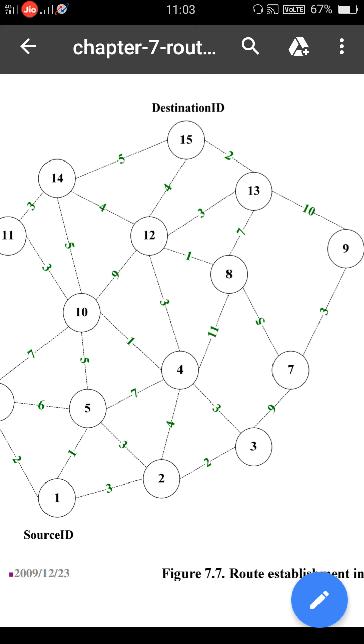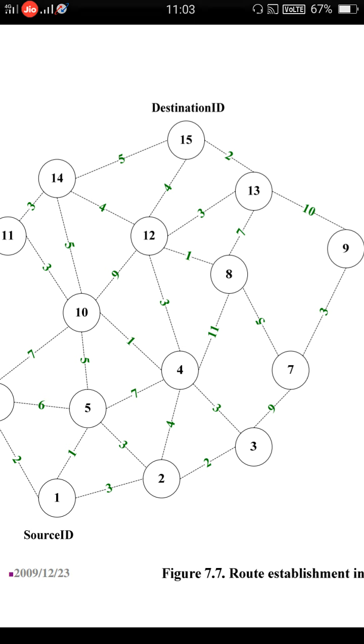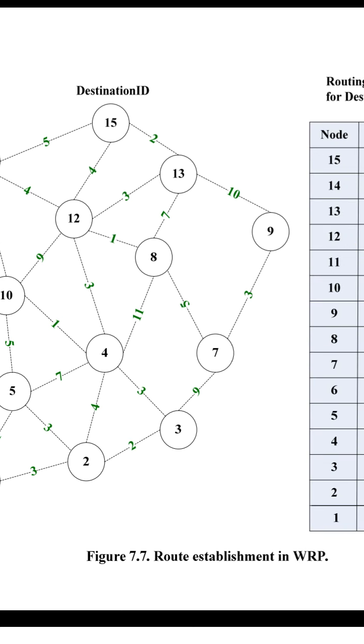Suppose we calculate the cost of different paths. 15 to 12, 12 to 10, the cost is 13. Suppose we reach it this way: 15 to 12 is 4, 12 to 4 is 3, 4 to 10 is 1. That is 4 plus 3 plus 1, so the total cost is 8. This is the least cost, that's why we reach 10 in this way.